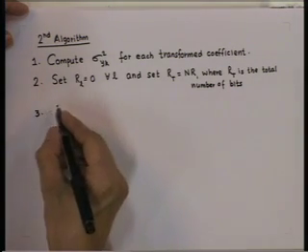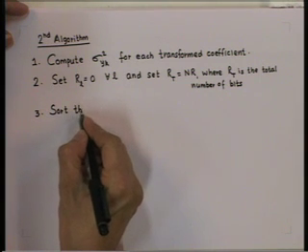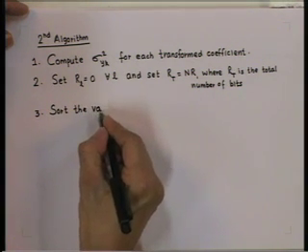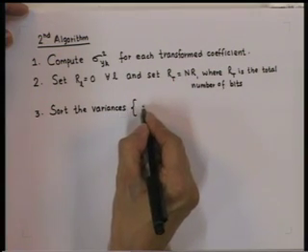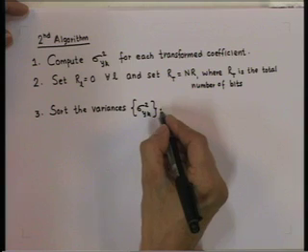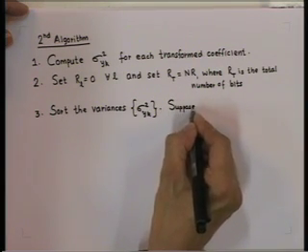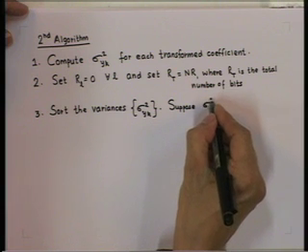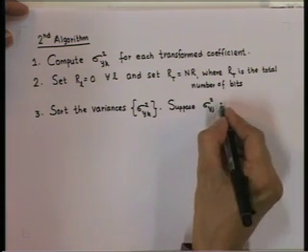Next step is to sort the variances. Suppose the variance for the jth transform coefficient is the maximum.